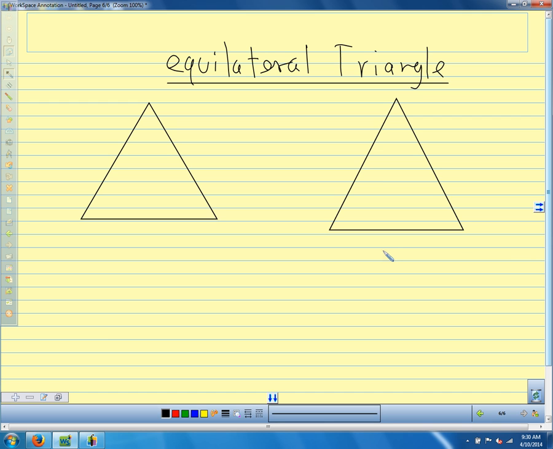So what special triangles do you think we're going to be talking about now? We end up with 30, 60, 90s. So here's my center. When I draw the radius and the apothem, I end up with a 30, 60, 90 triangle.